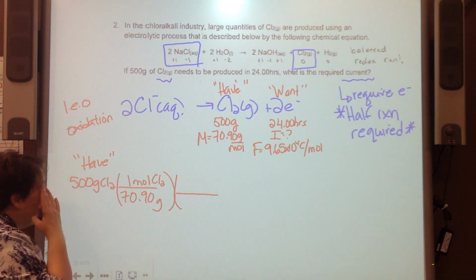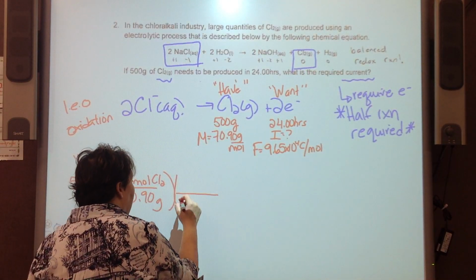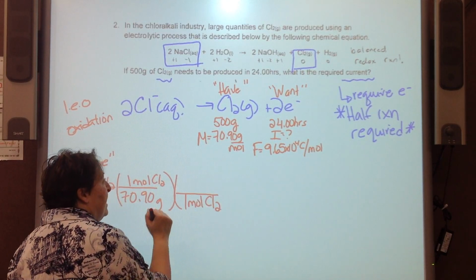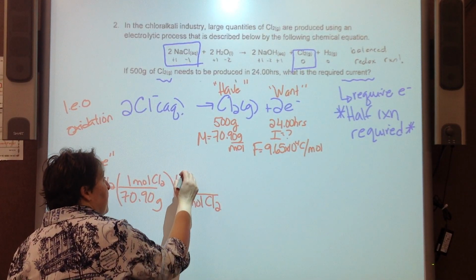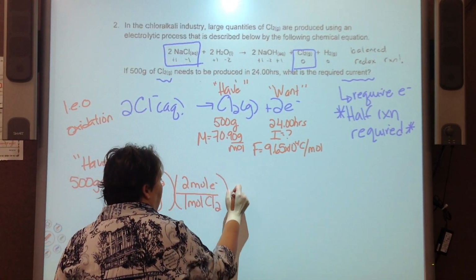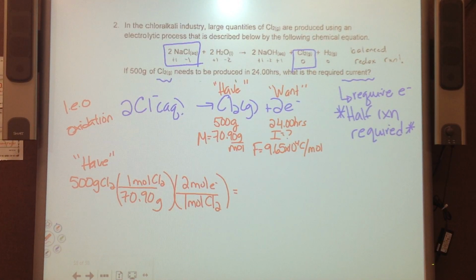How many moles of chlorine gas do we have in the equation? 1. How many moles of electrons do we have? 2. So, 2 moles of electrons is where I want to end up, and what do I end up with for a value?